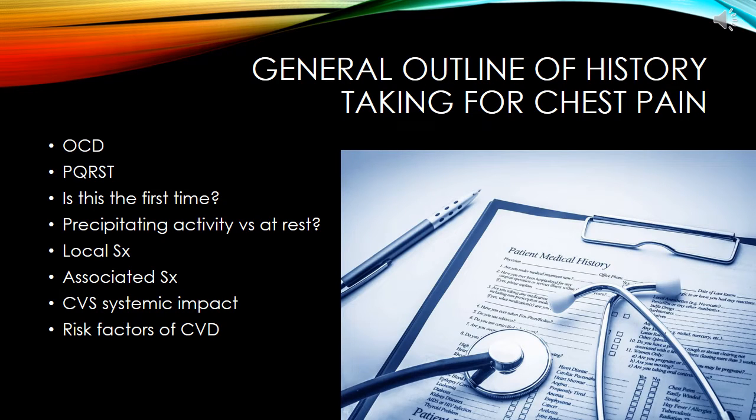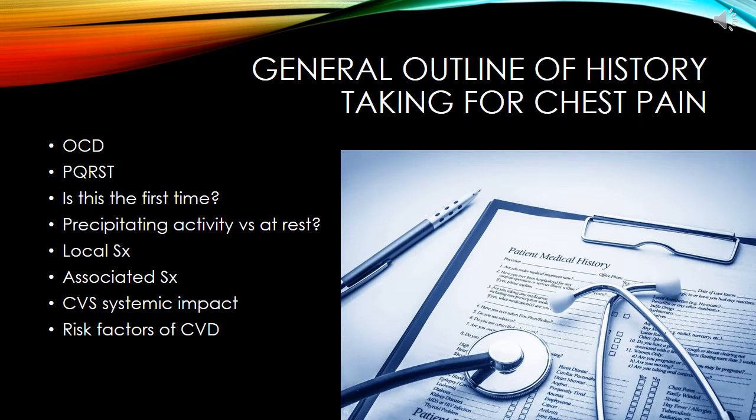So what is the general outline of history taking for chest pain? What I usually do is go according to the onset, cause, and duration. Then since it's pain, I will use this mnemonic, which is PQRST. Pain, quality, radiation, severity, and triggering factors.